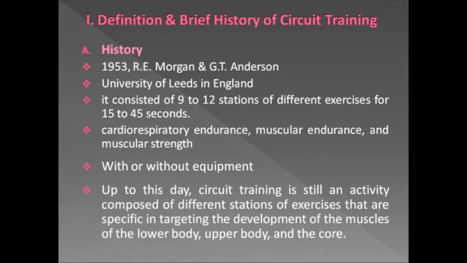The original format of circuit training during that time consisted of 9 to 12 stations of different exercises for 15 to 45 seconds. The time interval allotted was specifically designed so that the person moving within the circuit can finish an ideal number of 8 to 20 repetitions per station.